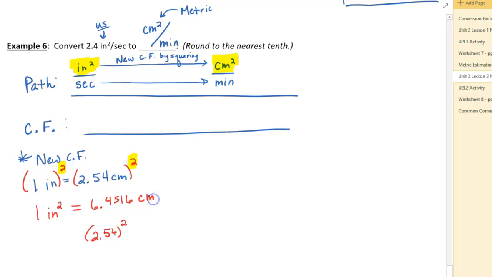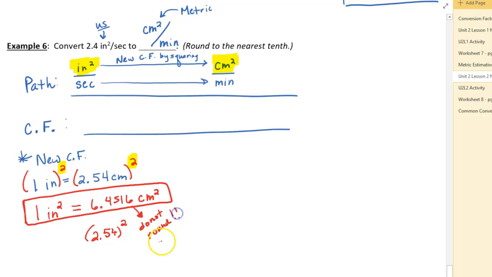And you do not want to round this conversion factor. Remember, these are approximate as they are. So we do not want to round them because it will cause them to be even less accurate. So do not round when you square it. Use the whole thing, even though it's long.